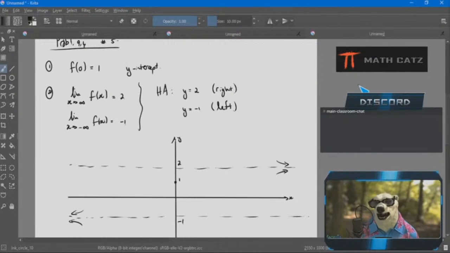So let's do that. It says at -1, let's put -1 over here, my y value is 0. Oh, it's an x-intercept. At 1, my y value is 0. Okay. At 2, my y value is 0.5.